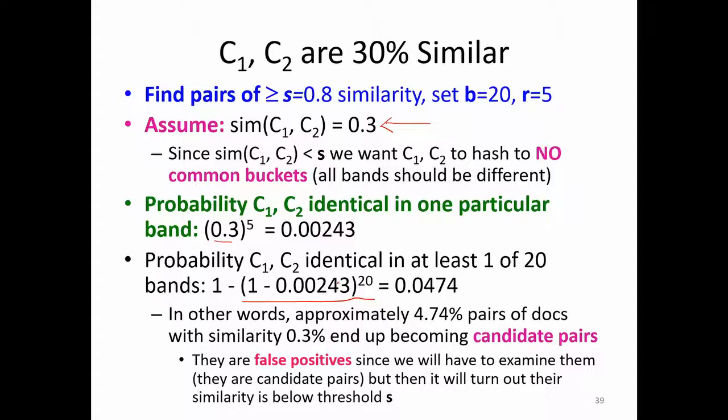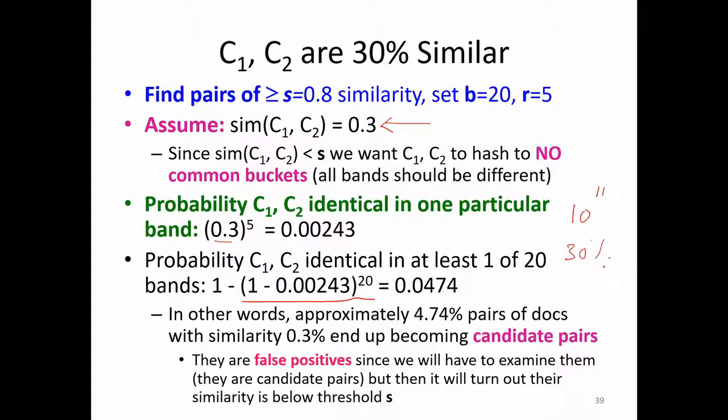But remember, even 5% is high here, because if you recall, if you have 1 million documents, you actually have 10 to the power 11 pairs of comparisons to perform. Now suppose a very small number of them are similar, but let's say all pairs are at least 30% similar, but I want 80% similarity.